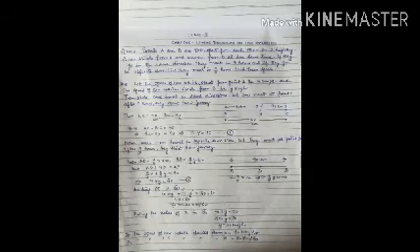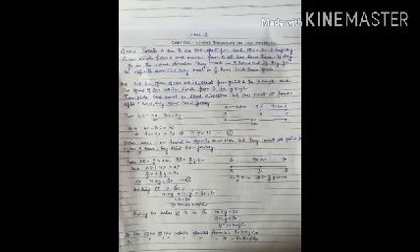Similarly, BD will be equal to 9 upon 7 y kilometer. But the diagram shows that AD plus BD is equal to AB. It means that 9 upon 7 x plus 9 upon 7 y should be equal to 90. So this, after solving, gives you x plus y is equal to 70. This is our second equation.